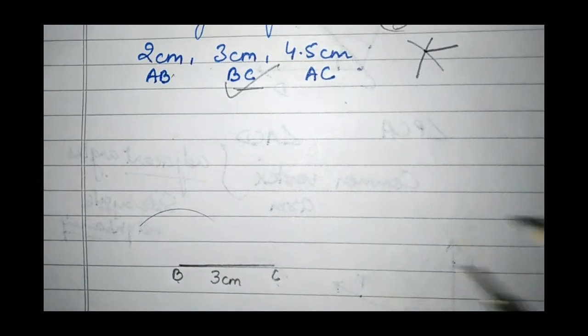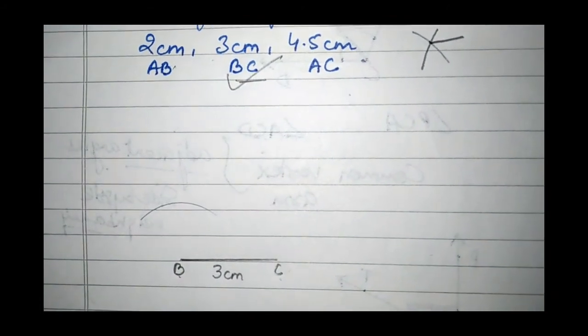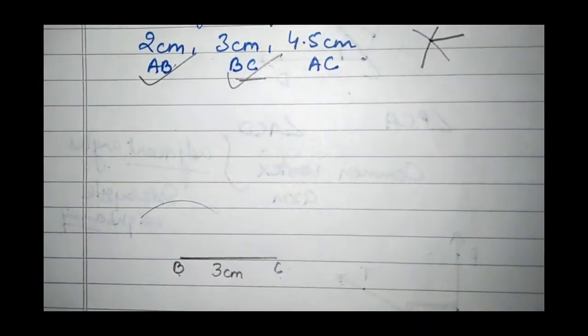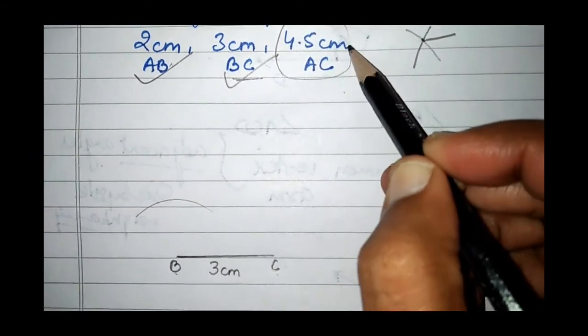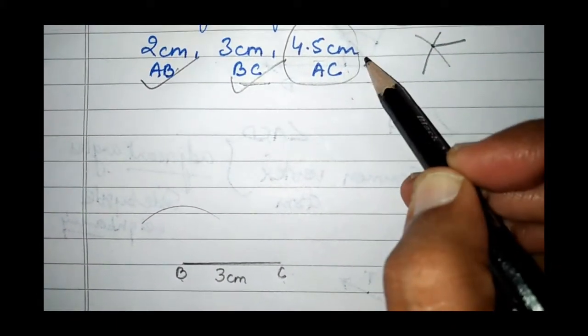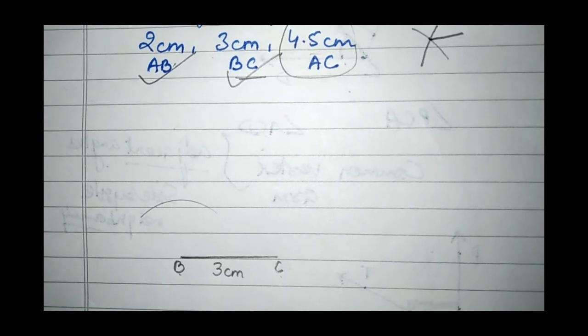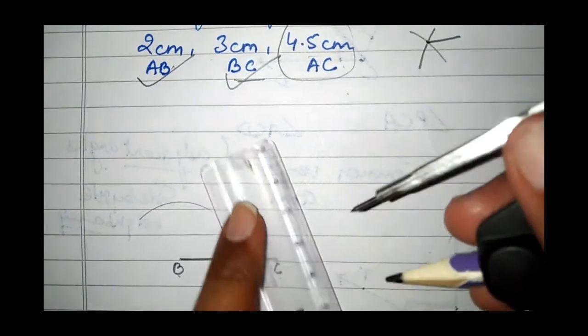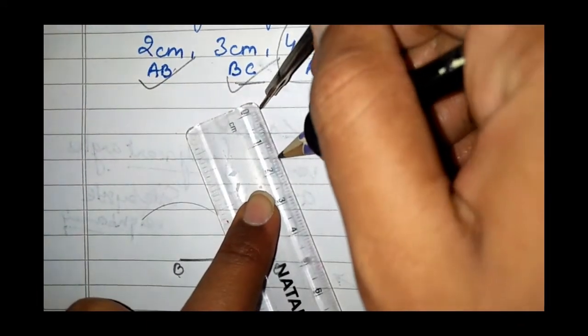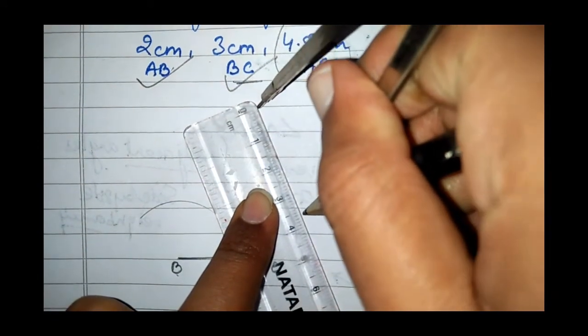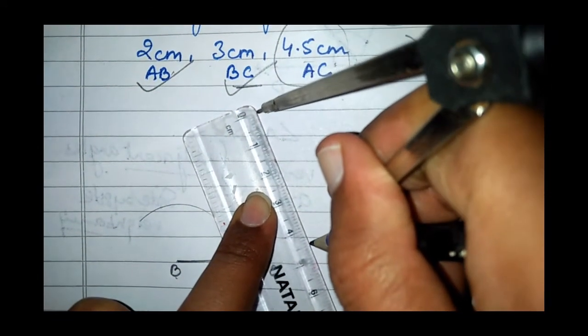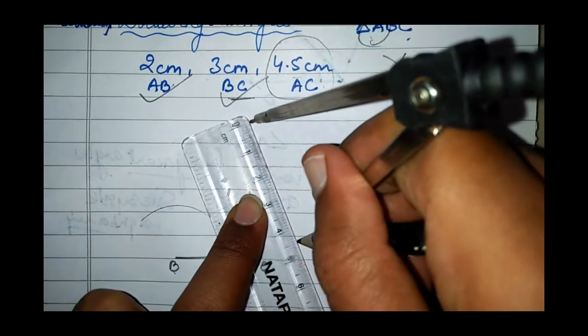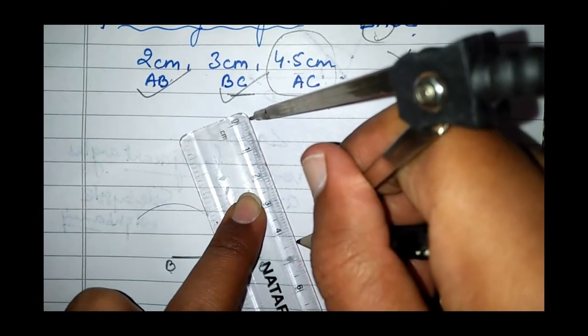Now what do we have to do? The arc for AB is done. Now we have to make the arc for AC. AC is 4.5 centimeter long. So now in my compass, I will take the length of 4.5 centimeter. 4 centimeter and then 5 small divisions. This is 4.5.